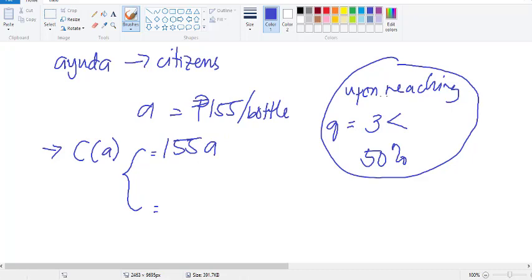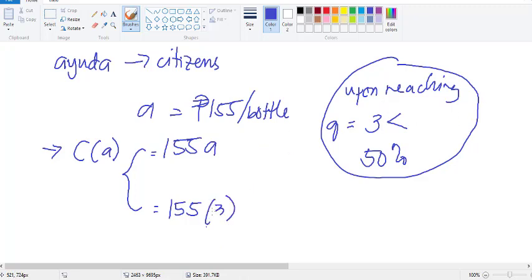Dalawa. At itong sunod, you can model this one by, it's going to be 155. I-secure na natin kaagad yung 3. Sorry, pangit ng sulat ko. Kasi mag-allocate lang tayo ng 50% discount sa bottle number 4, 5, 6 pataas.